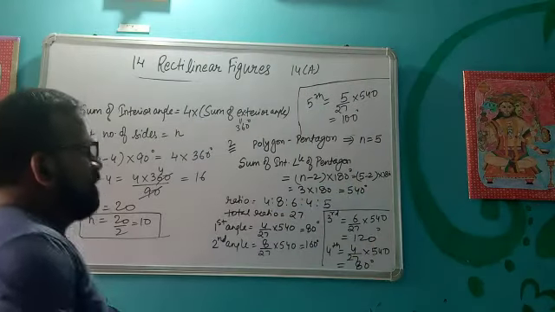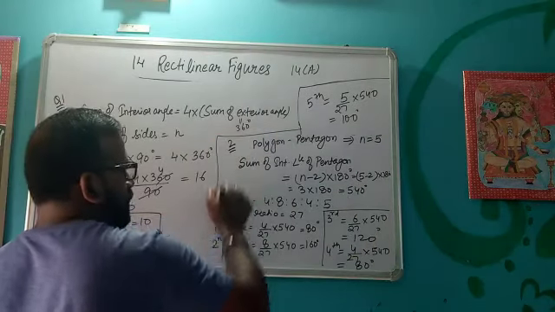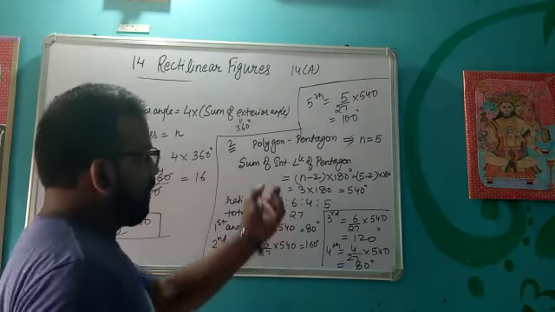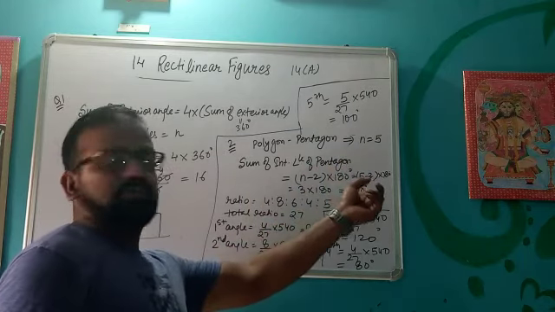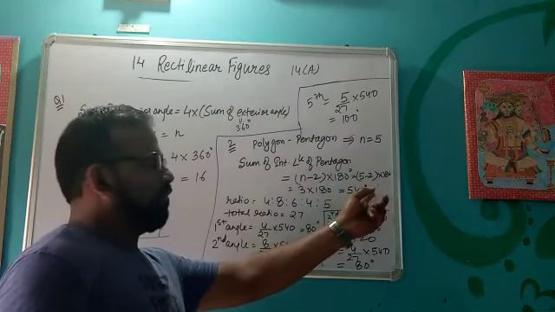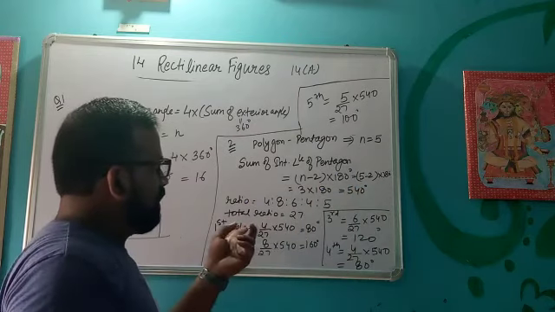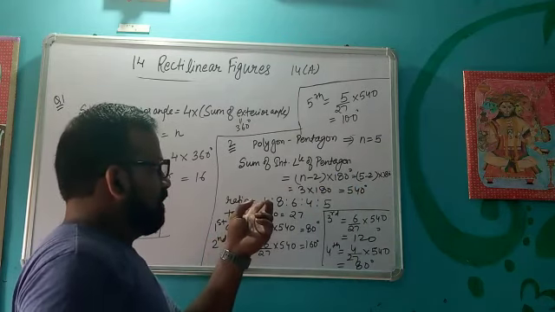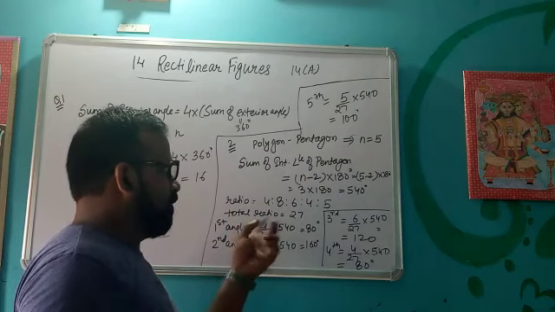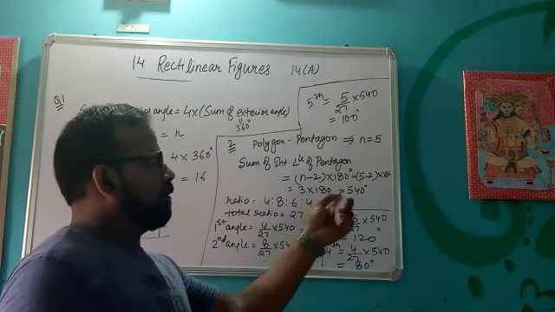Okay, so in these types of questions in which a ratio is given, first you calculate the sum of all angles of the polygon, whatever it is. Then you can use the concept of ratio, that is, the first value divided by the sum of the ratio into the total value.